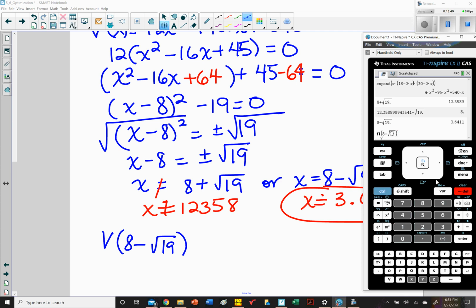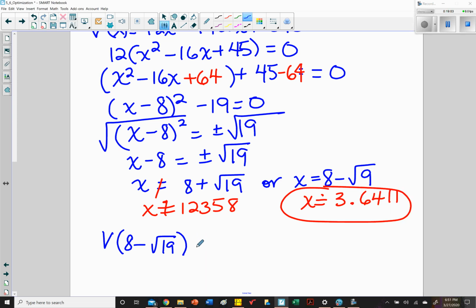Well, that keeps jumping out of the radical mark, doesn't it? So our volume is 886.553. So the volume is about 886.553 cubic inches.